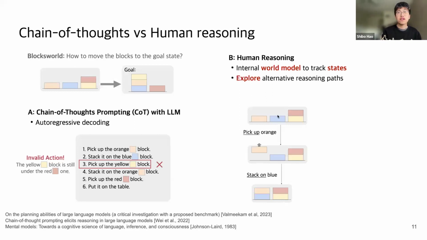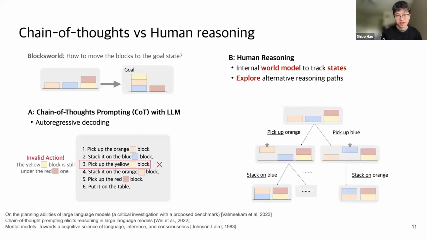And if the reasoning comes to a bad end, or if they realize there's a mistake, humans can also try to explore alternative reasoning paths. Like here, we may attempt different moves in our mind.